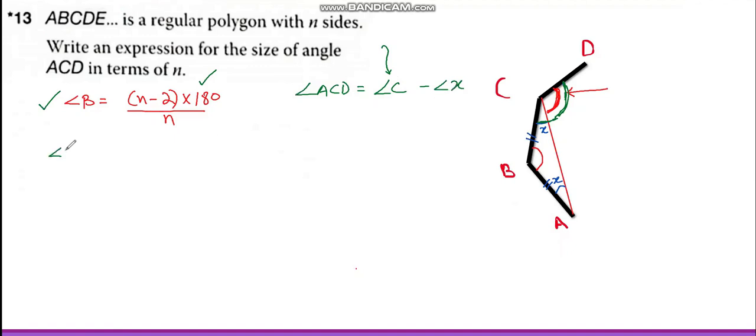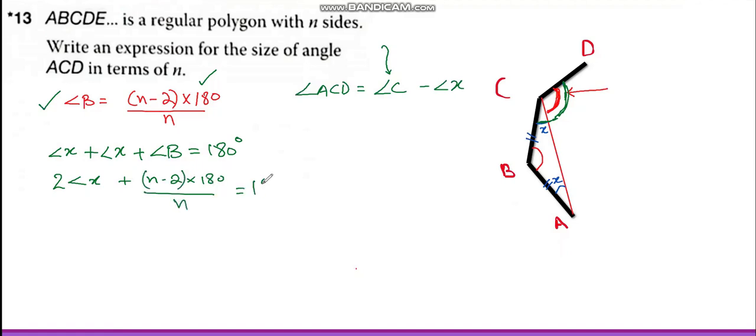We know that the sum of angle x, the other angle, which is also x, and angle B is 180 degrees because of the isosceles triangle, where the sum of all angles should be 180 degrees. If we solve it further, we get 2 times angle x plus the size of angle B, which we can replace with n minus 2 times 180 divided by n, equals 180 degrees.